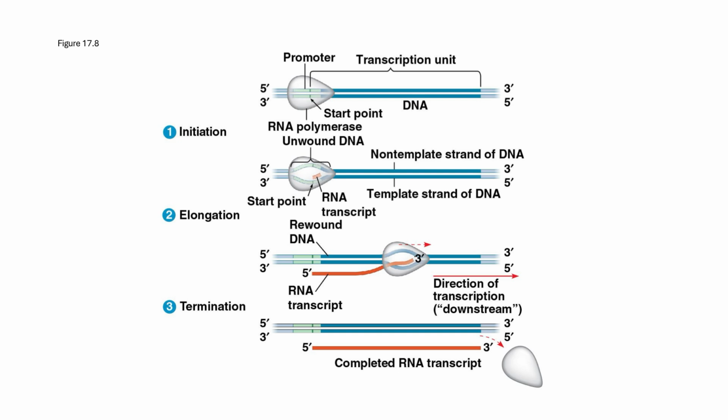So in order to have transcription start, where we're having that synthesis of RNA from that DNA template, we are going to have the RNA polymerase bind to the promoter on the DNA. Once RNA polymerase binds to the promoter, then it can unwind the DNA and start the synthesis of RNA from the DNA template.